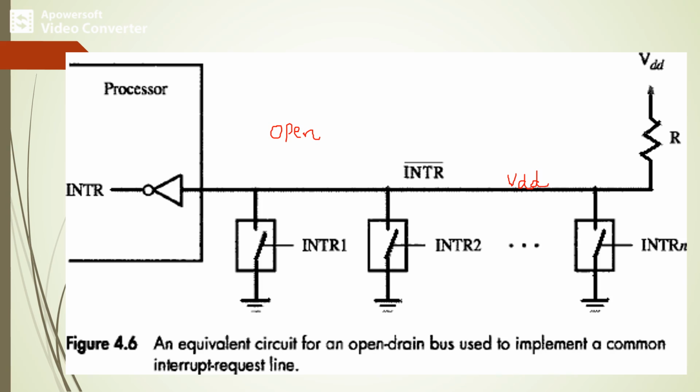In order to raise an interrupt request, the device closes its switch. So the device closes the respective switch and the voltage across the interrupt request line becomes 0, since the switch is directly grounded.